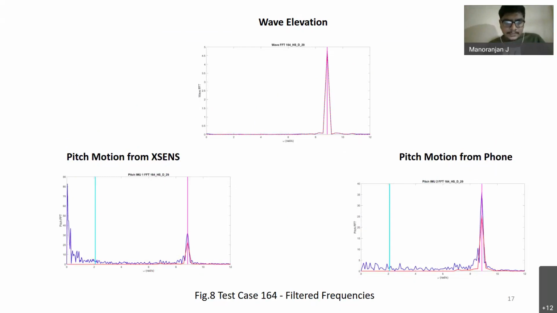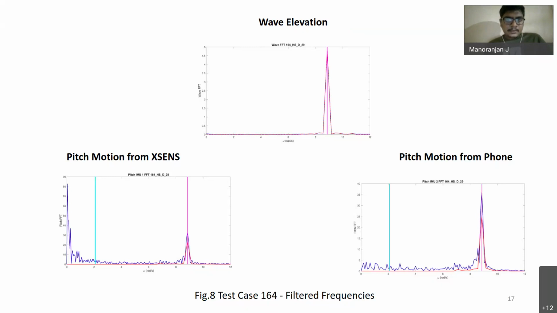If you see in this plot, we are determining a threshold. The actual frequency that we want corresponds to the frequency around 9. So we are filtering out the frequencies which are, say, less than 7 and more than 11.